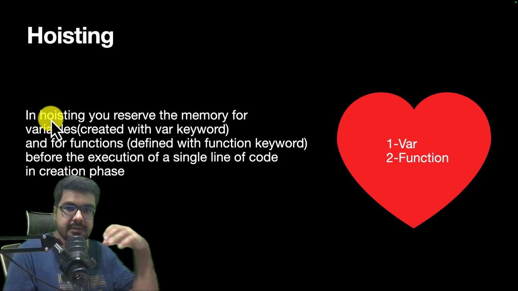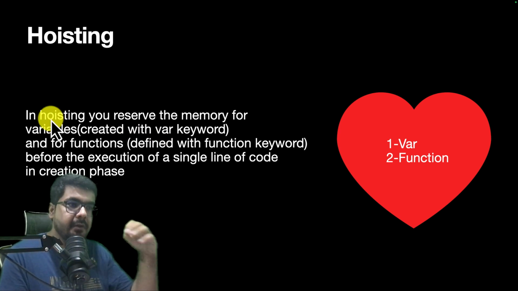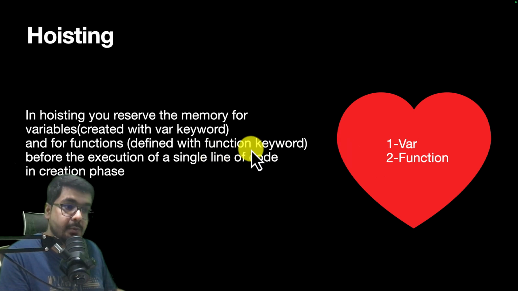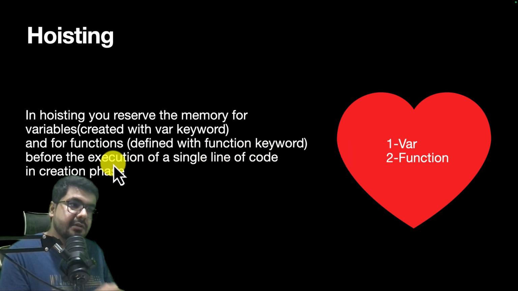Hoisting is a process in which you reserve memory for variables, especially those variables which are created with the var keyword, and we also reserve memory for functions which are defined with the function keyword, before the execution of a single line of code in the creation phase, right?